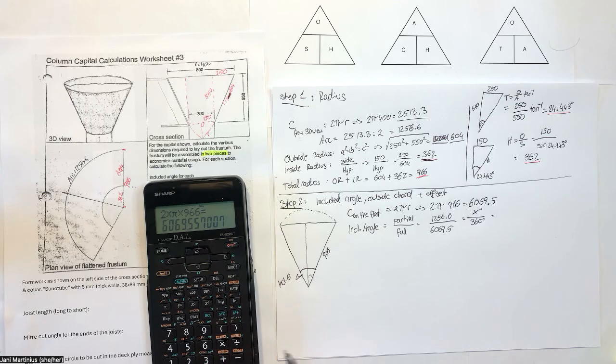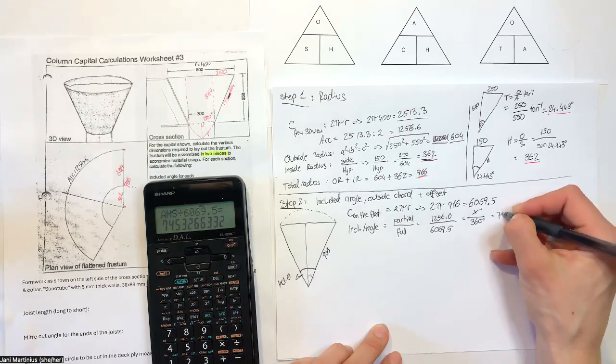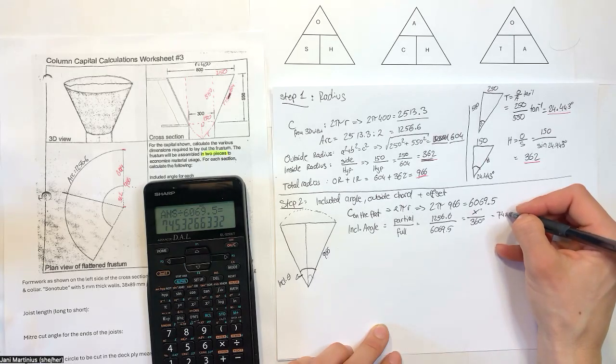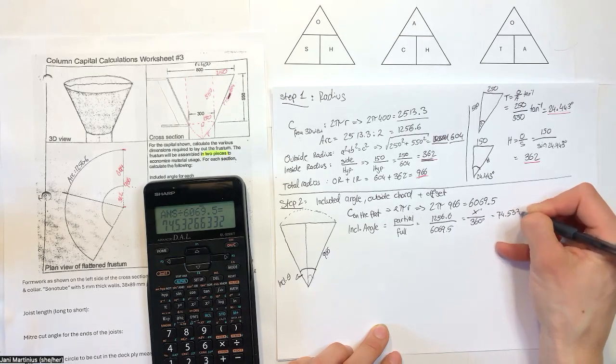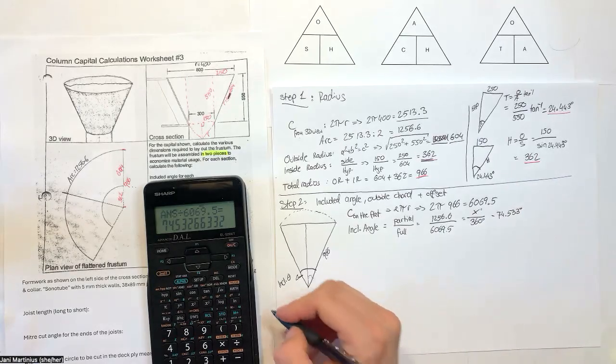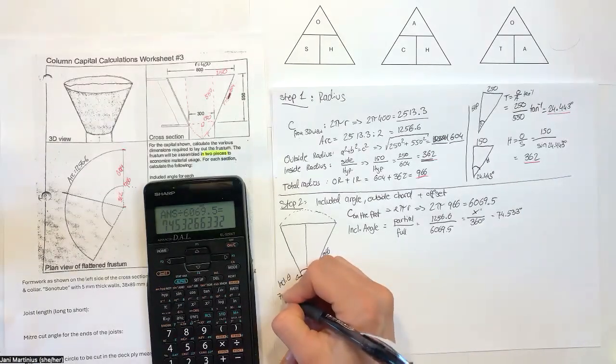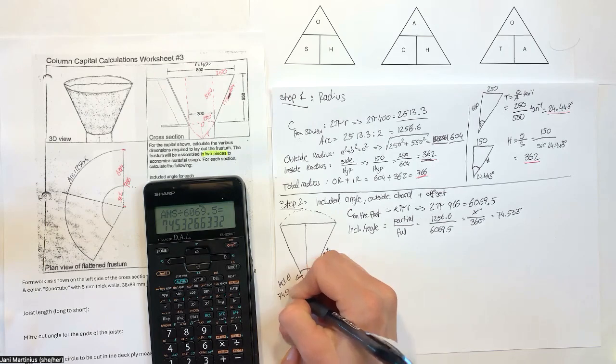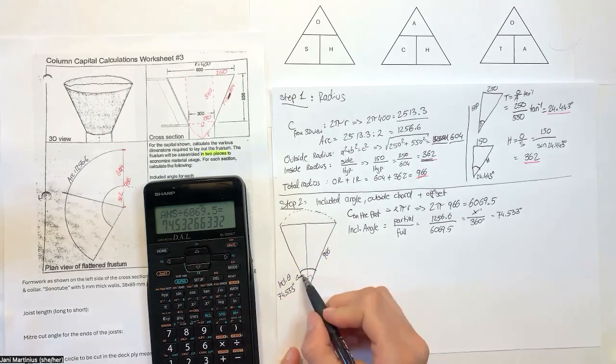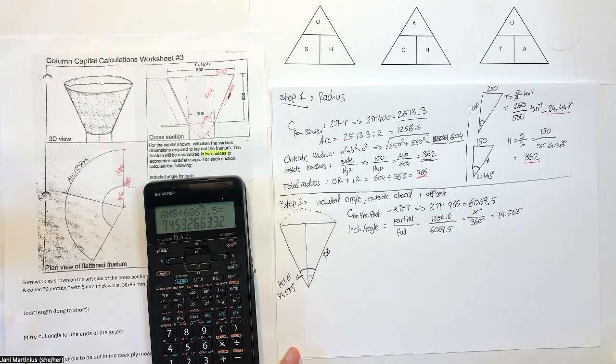Cross multiply. 360 times 1256.6 divided by 6069.5 is 74.533. That is the included angle, 74.533 degrees. That is the whole included angle.